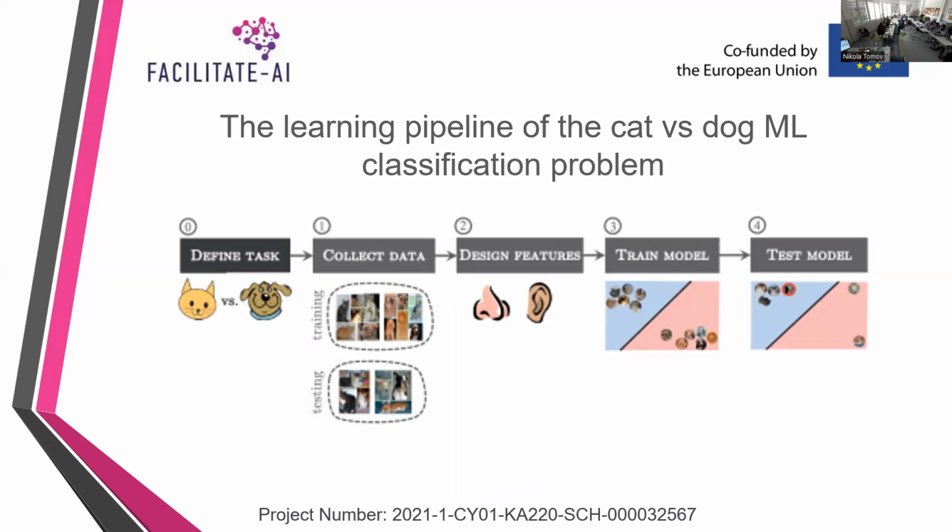So if it has a relatively small nose to the size of the head, maybe it's a cat. Or if it has big ears, probably it's a dog. So you design the features and then you train the model. We will see examples. And then you test it to see if what you did is good.